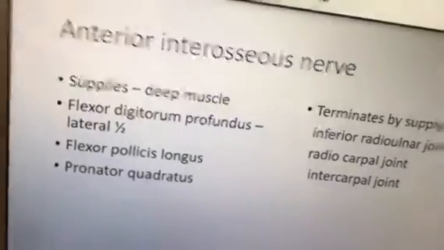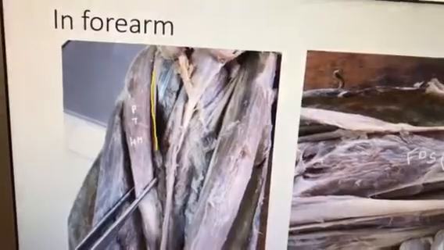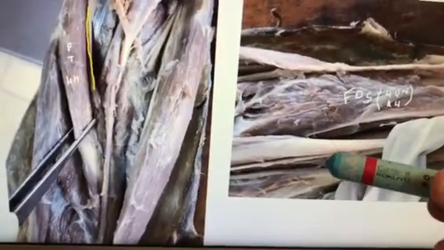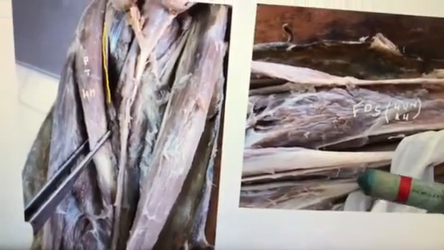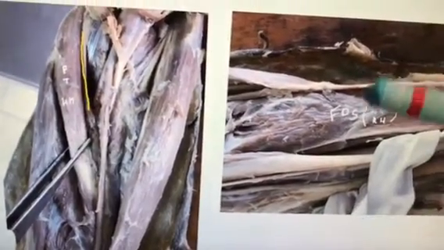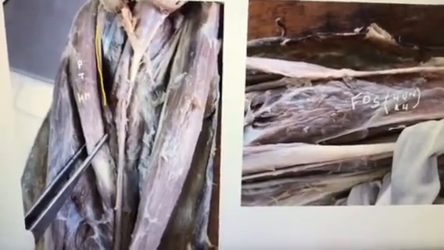The main branch of the median nerve supplies all the superficial muscles. What are the superficial muscles? Pronator teres, flexor carpi radialis, palmaris longus, and flexor carpi ulnaris is not supplied by the median nerve but by the ulnar nerve. So these are the superficial muscles supplied by the main branch.